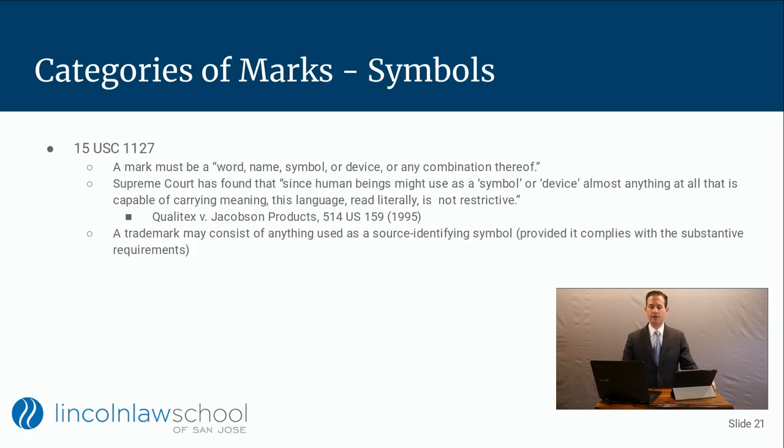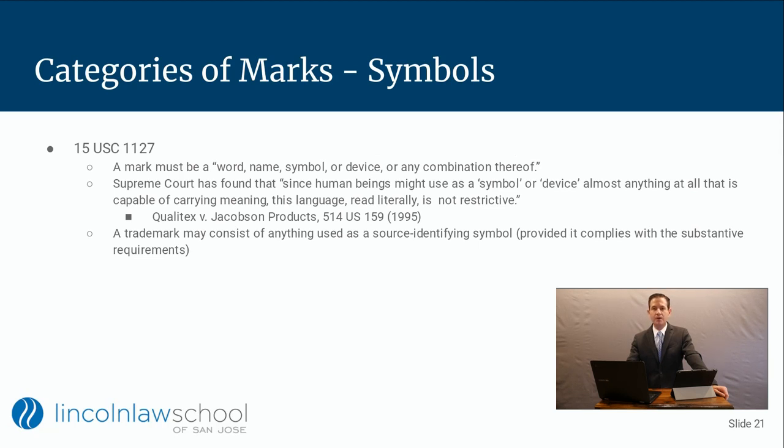So, symbols, going back to where we started in the Lanham Act: the Lanham Act indicated that one of the areas that can be protected is symbols. The Supreme Court back in 1995 found that since human beings might use as a symbol or device almost anything, and I would indicate that it's very true, at all that is capable of carrying meaning, this language read literally is not restrictive.